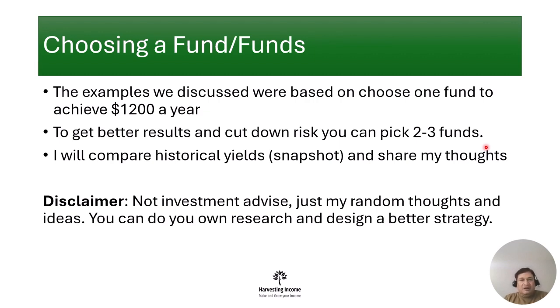You can pick as per your requirements, your budget, or how you want to design it. I will show you a historical yield comparison based on what we discussed above. And again, this is not investment advice, just random thoughts and ideas that I want to share with you. Do your own research, do your own analysis, and come up with a better strategy.